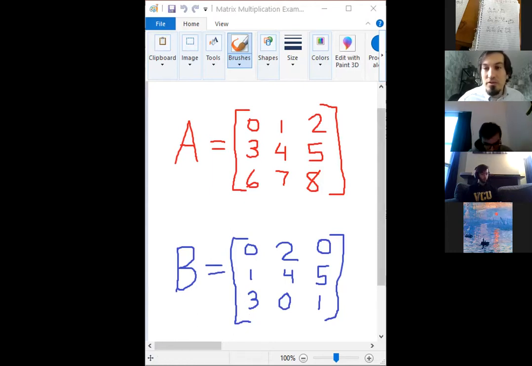So the top left term, I'll just tell you right now, is going to be 0, 1, 2 times 0, 1, 3. And that's term by term. So 0 times 0 plus 1 times 1 plus 2 times 3. It should be 0 plus 1 plus 6. I think it should be 7. It should be the top left term of your matrix.